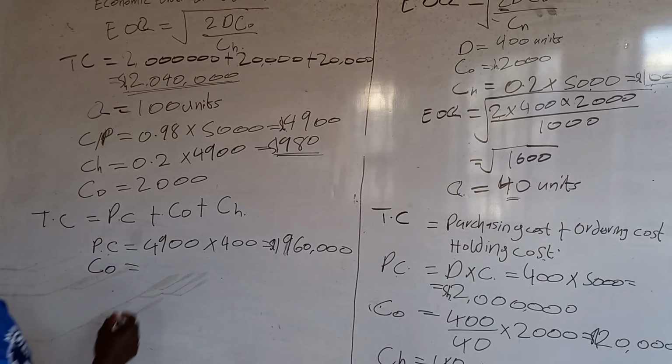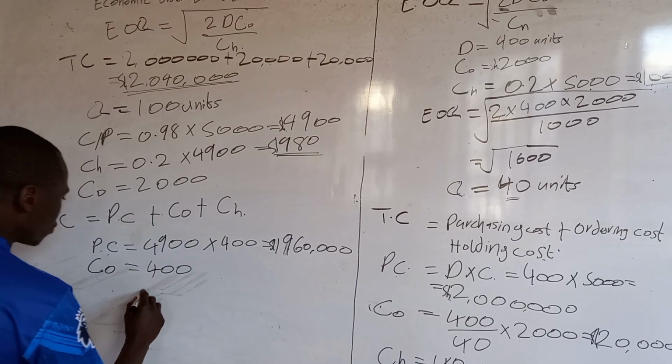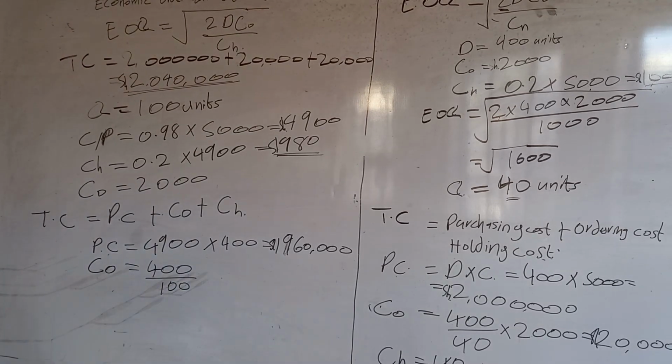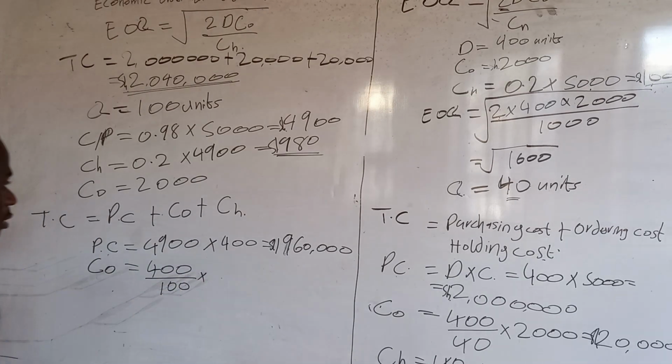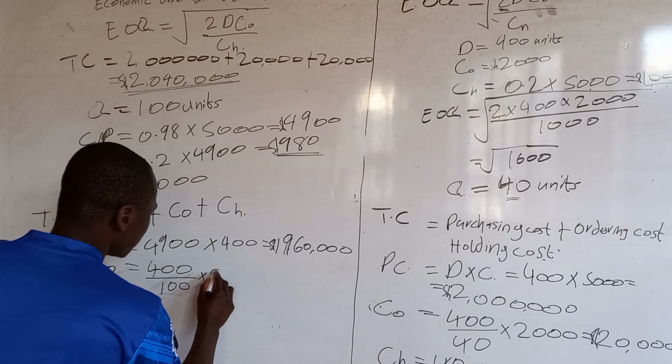It will be 400, which is the demand, over 100, which we are now making per order, times the cost per order. Cost per order is 2,000.